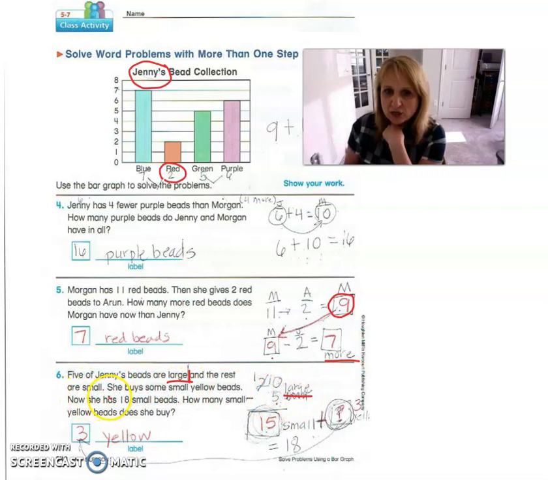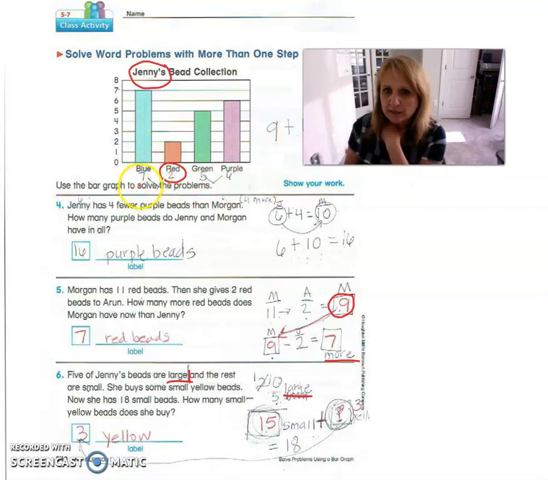All right, so we know that Jenny has, let's see. Oh, that's right. We had to count up how many beads Jenny had altogether. Did we do that together yesterday? I think we did. We added up all the beads that she had, and we decided that she had 20 beads, right?